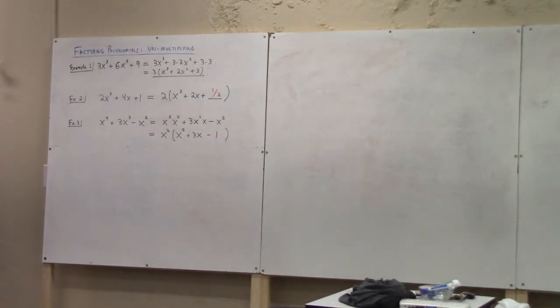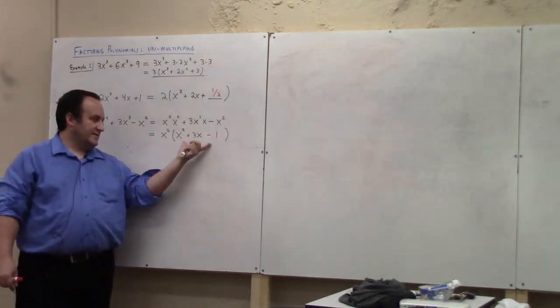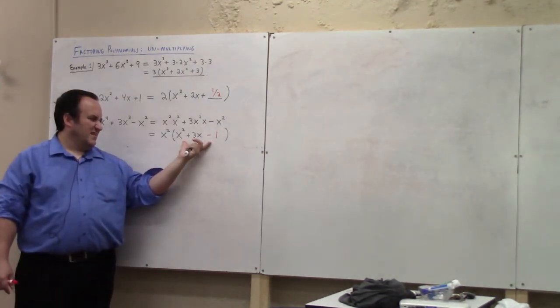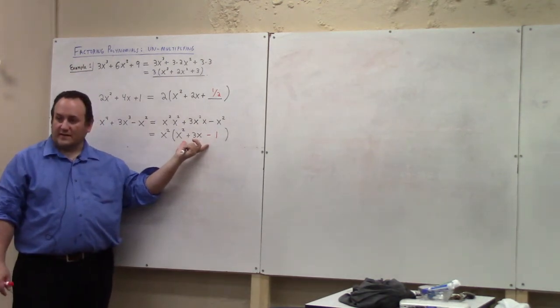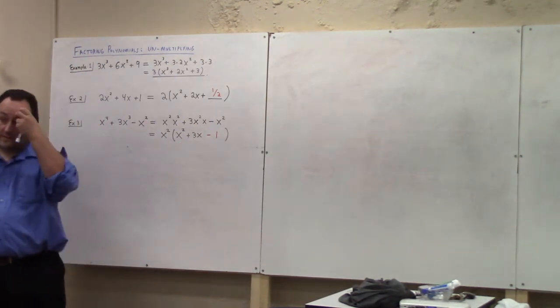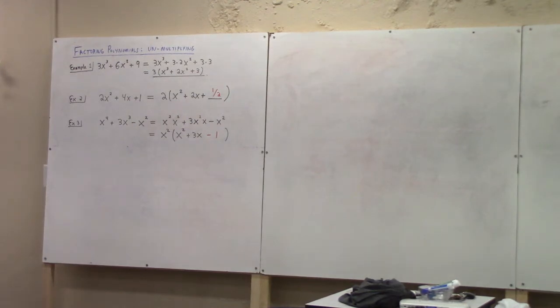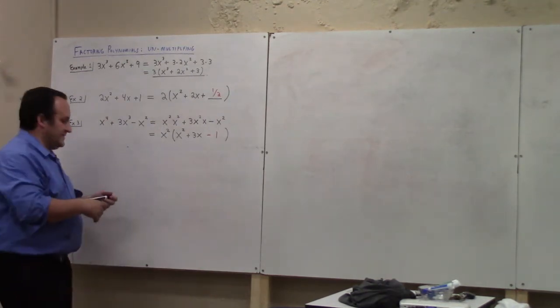Now, is there any nice way to factor this quadratic, x squared plus 3x minus 1? I'm pretty sure there's not a nice way to factor this. So I'm just going to stop there for the moment. We'll eventually come back and talk about how to factor. It turns out we can factor any quadratic, actually, but I'm going to stick to the nice ones to start with here.